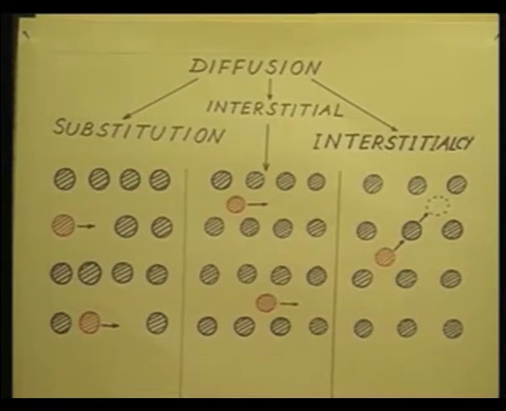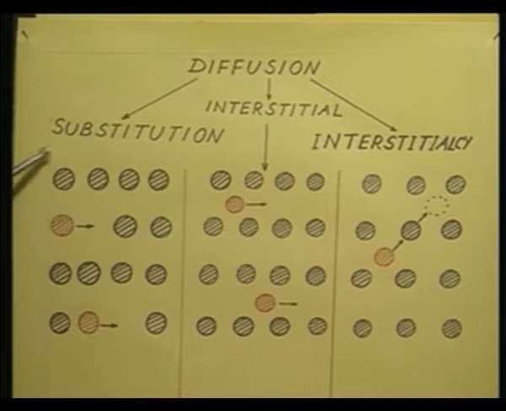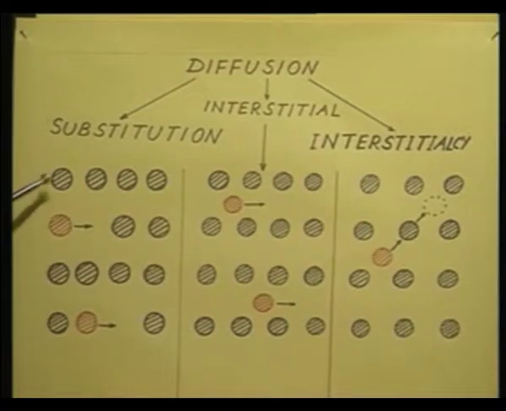Looking at the substitutional movement of the dopant atom, what have I depicted here? These blue shaded circles are the regular silicon atoms in the crystal lattice, and the red shaded circle is the dopant atom.